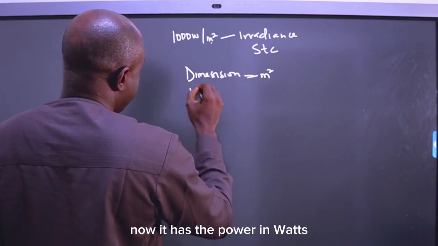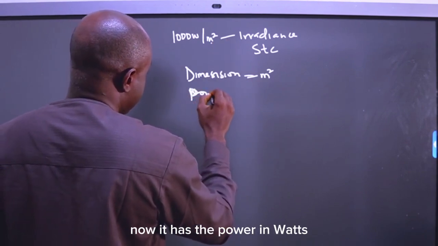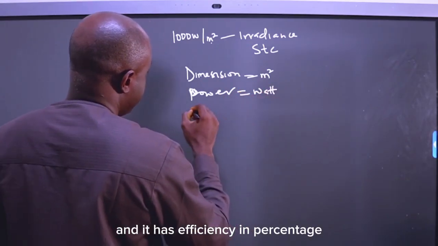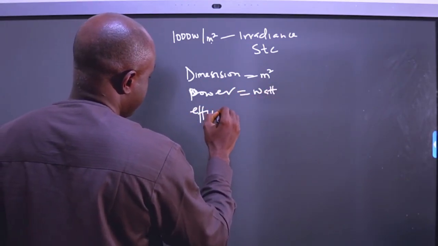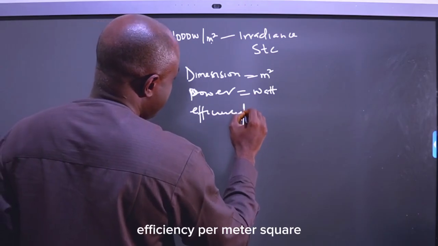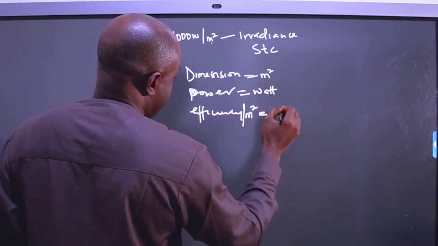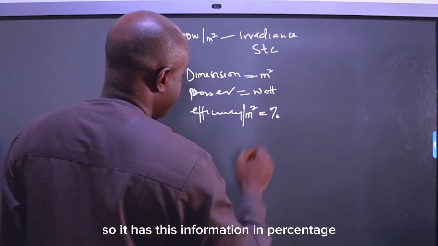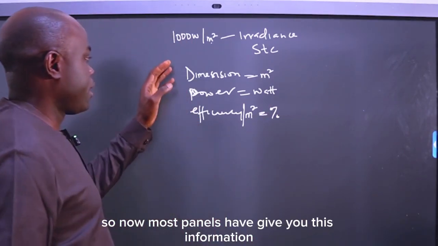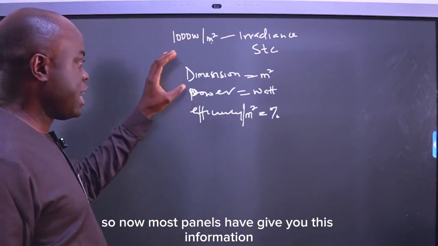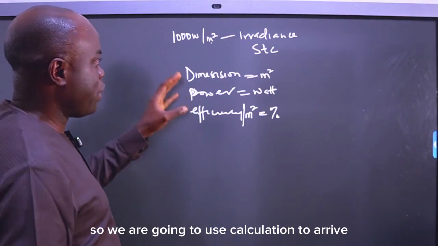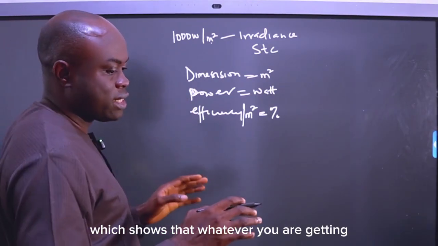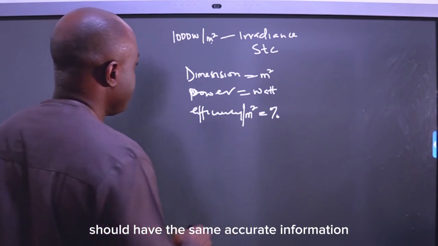Now it has the power in watts, and it has efficiency in percentage. Efficiency per meter square. So most panels give you this information. So we are going to use calculation to arrive at that information, which shows that whatever you are getting should have the same accurate information.